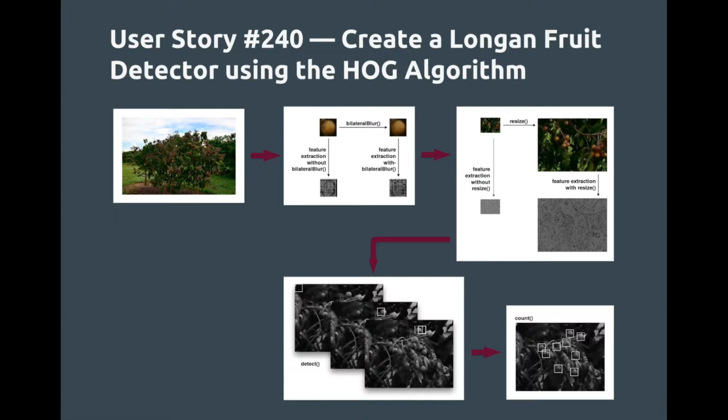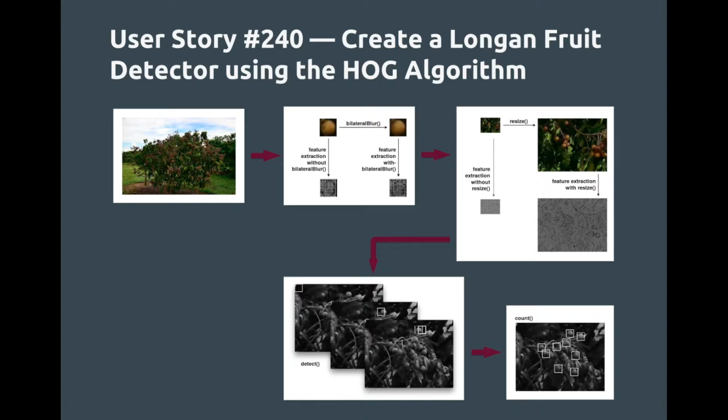In the top center graphic we illustrate the pre-processing step of applying a bilateral filter, and the purpose of the bilateral filter is to smooth the regions of the image where effectively it smooths the entire image, but the objective is to smooth regions of the image where Longan fruit occur so that small deviations in the color, such as in the left occurrence of the fruit in that graphic, are minimized, and you can see the effect in the right Longan fruit in that graphic, where the color is much more uniform.